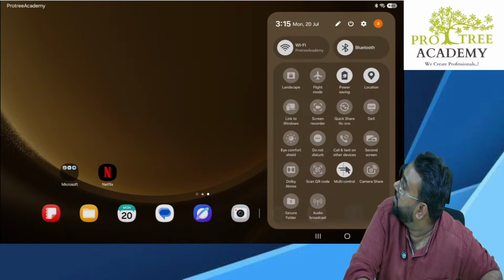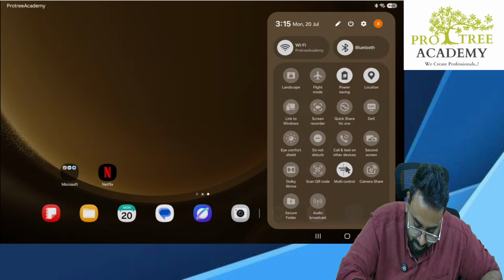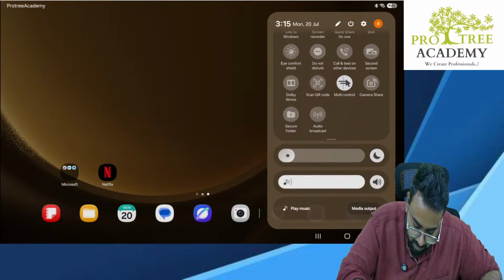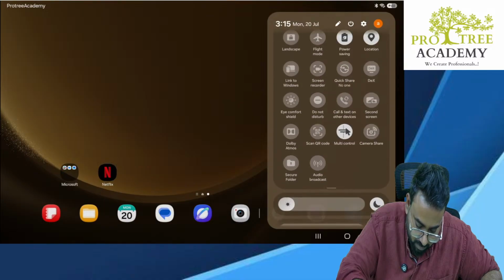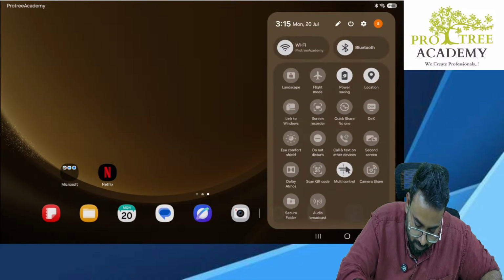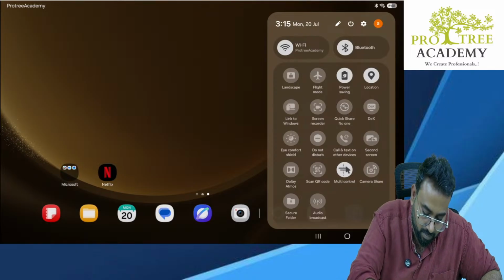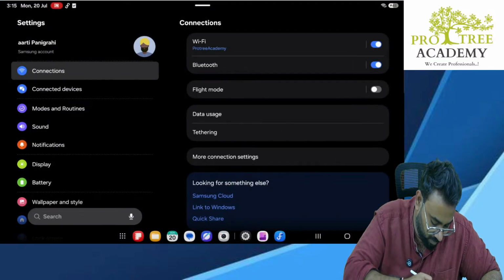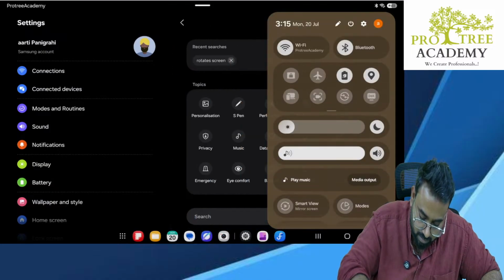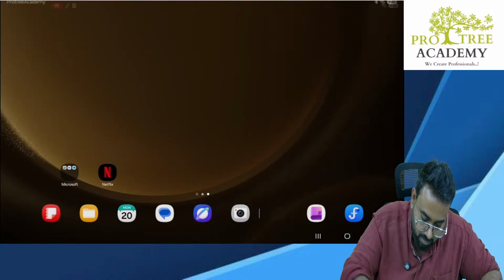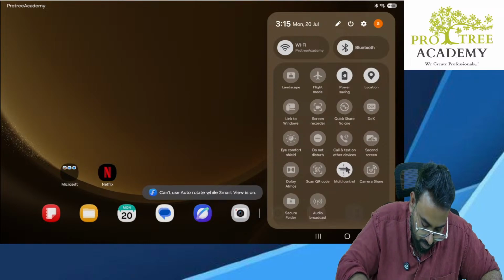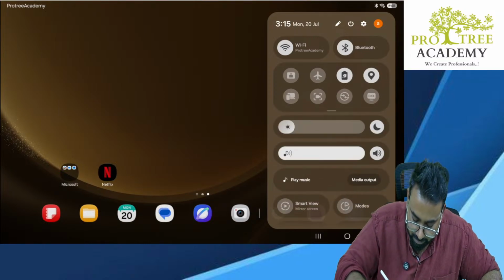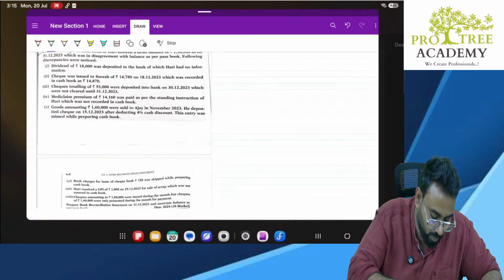Can you see the rotate option anywhere? Landscape is there. Where? It's not available. Okay, we have to manage with this only.